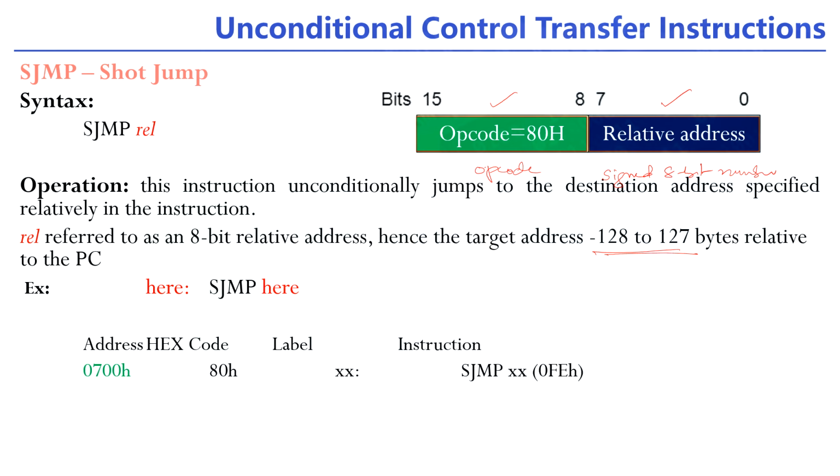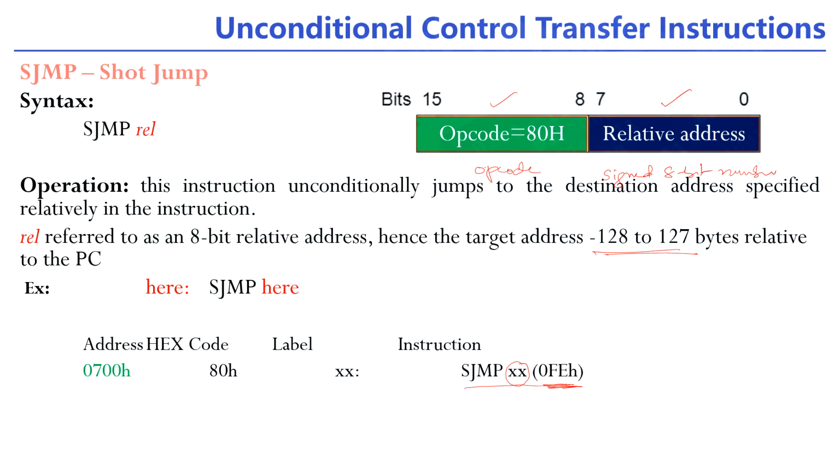Let us consider this is the SJMP instruction. Here this is the label or relative address. Actual relative address, how the 8051 computes, we will see now. How FE is placed.